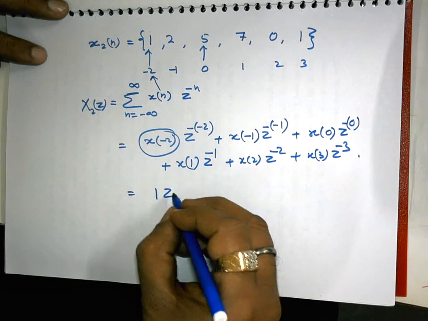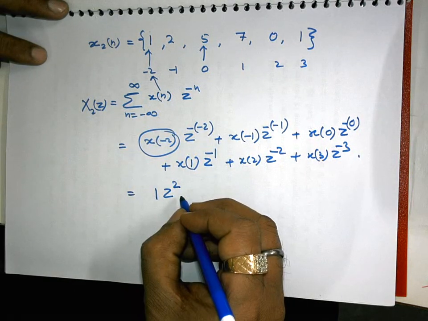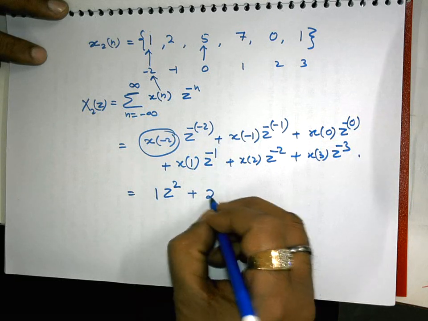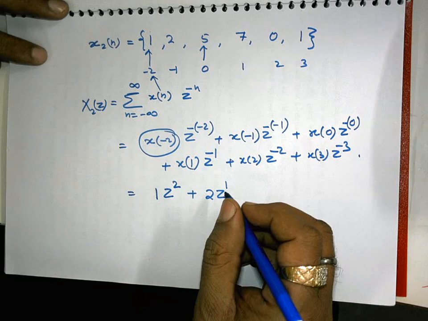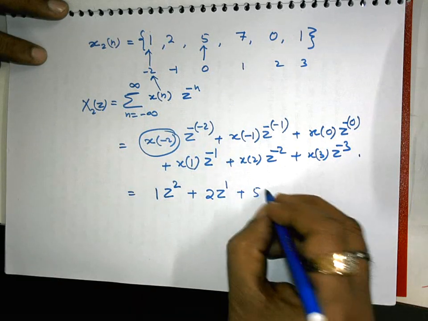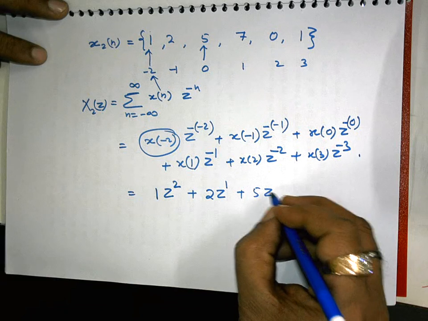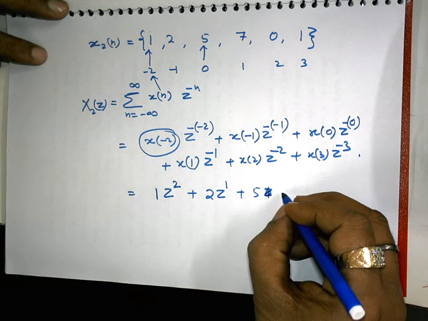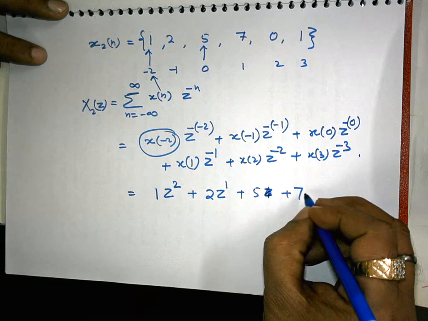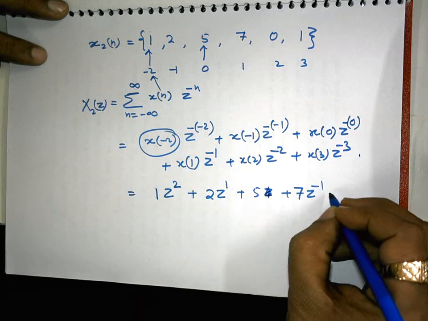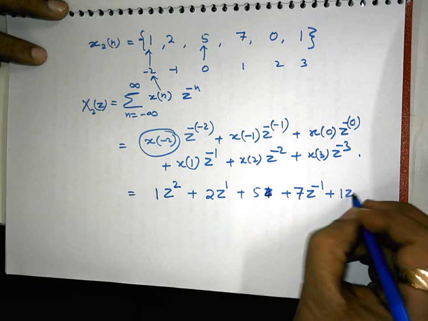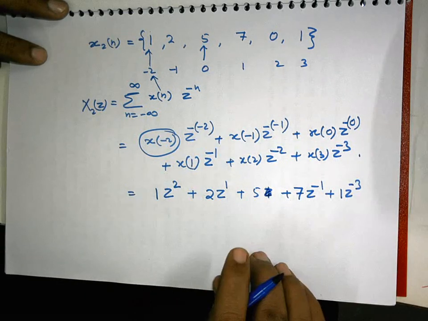So 1 z to the power 2, plus x[-1] is 2, z to the power 1. Then 5, z to the power 0, which is equal to 1, not needed to write. Then plus 7, z to the power -1, 0, z to the power -2, and 1, z to the power -3.